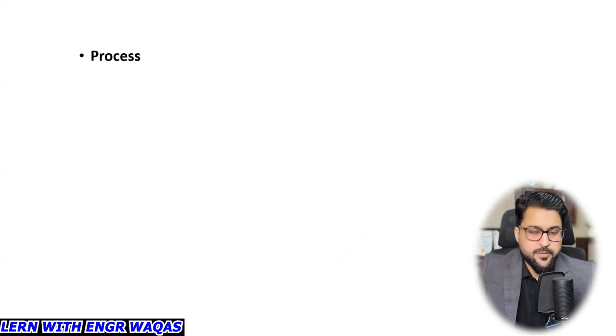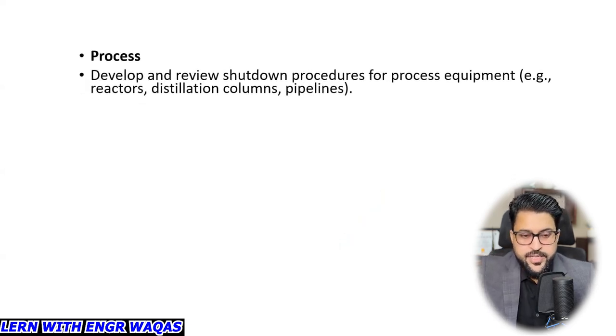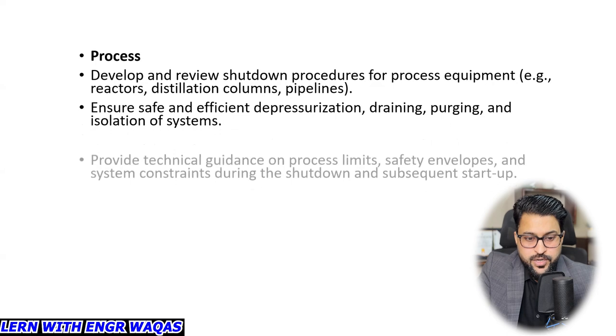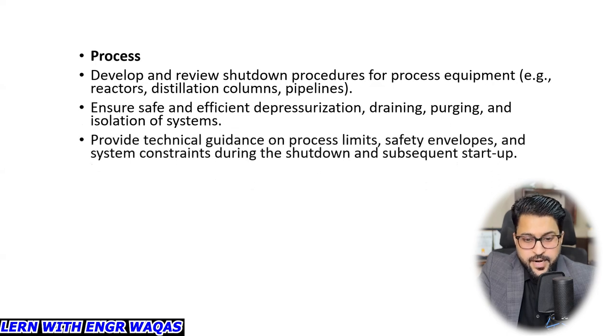One by one, what is the process department actually doing in its functions? This department develops and reviews shutdown procedures for process equipment, like reactors, distillation columns, and pipelines. They ensure safe and efficient depressurization, draining, purging, and isolation of systems, and provide technical guidance on process limits.